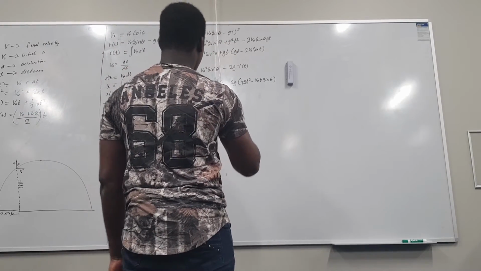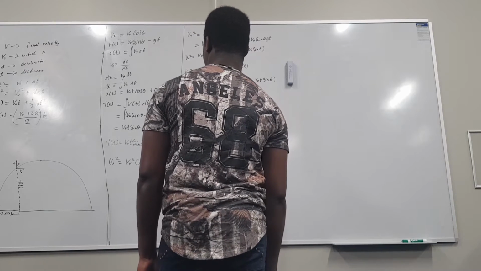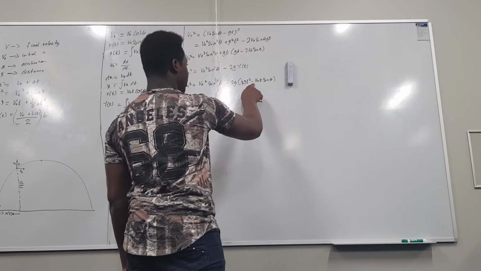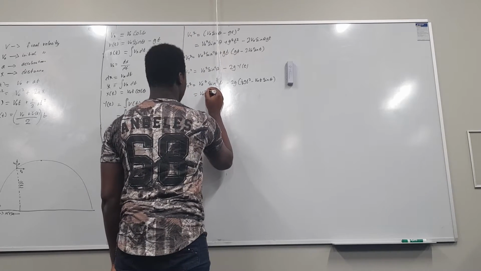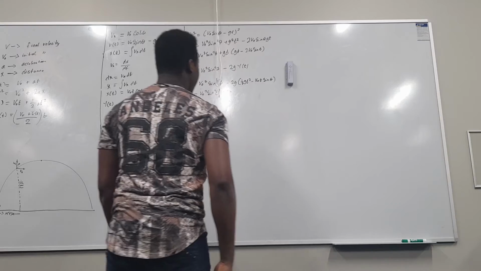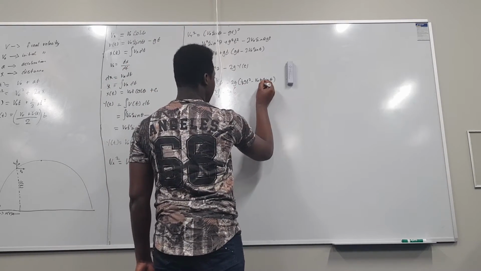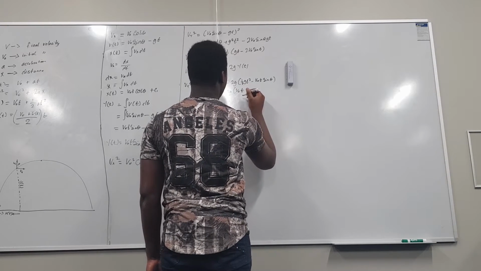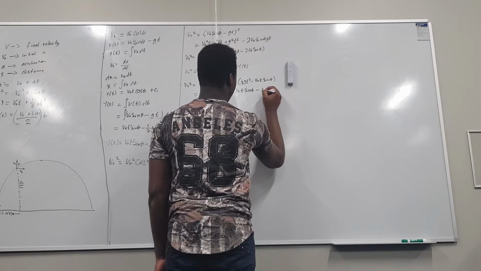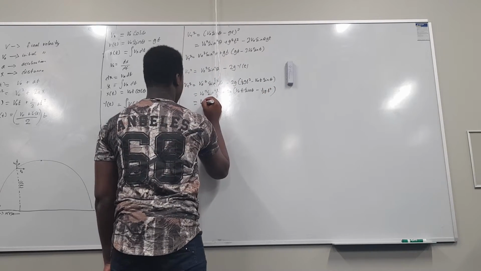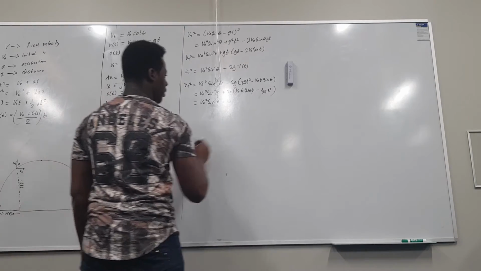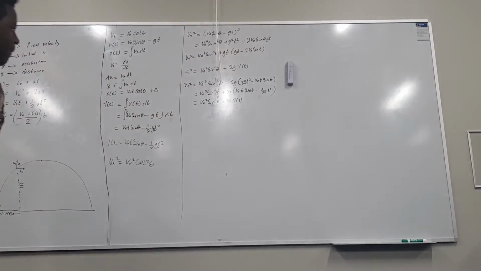There is a minus issue. If I bring the minus outside, Vy squared is equal to V naught squared sine squared theta plus 2g, so this becomes positive: V naught t sine theta minus half g t squared. And that is equal to y of t.